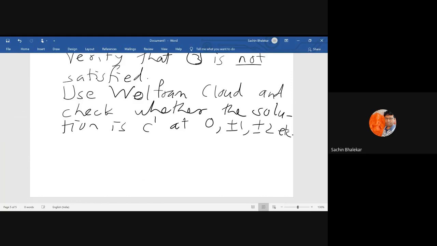So the first step is to use NDSolve and find the solution. The second step, calling the solution x of t, is to find x dash of t and then sketch. You can upload this assignment to Google Classroom. In case of any problem, you can ask.